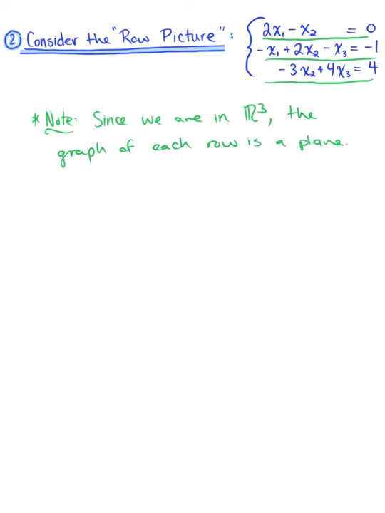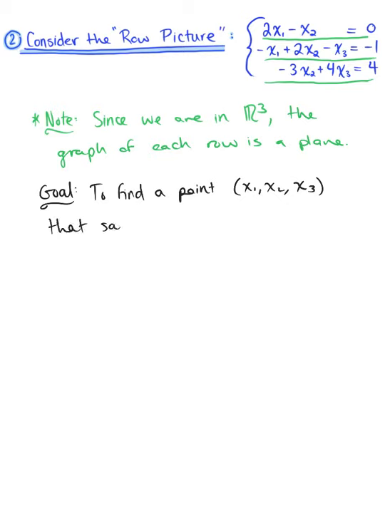While planes are fine, sketching a graph of each plane is going to be tricksy work, right? So the goal that I want you to keep in mind of the row picture is to find a point, or ordered triplet, x sub 1, x sub 2, x sub 3, that satisfies each plane.